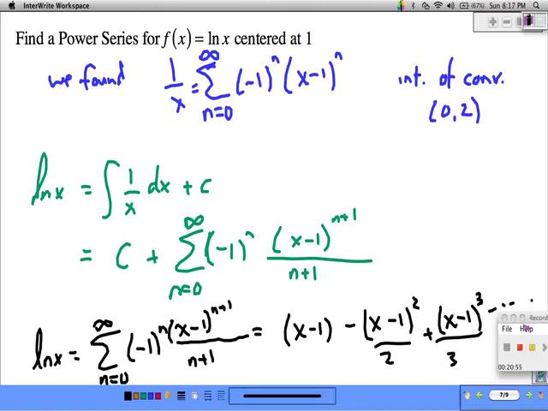The previous ones, the endpoints did not give us convergence, but with this one we should check. So this is converging from 0 to 2 because it was the antiderivative of this blue one. So we need to check the two endpoints with our new series.